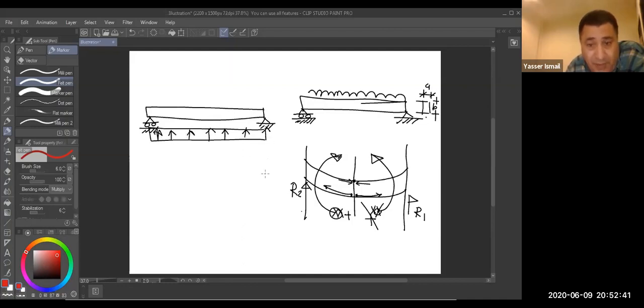In this direction means what? The reaction in this direction and the reaction in this direction. R1, R2. What does it mean?